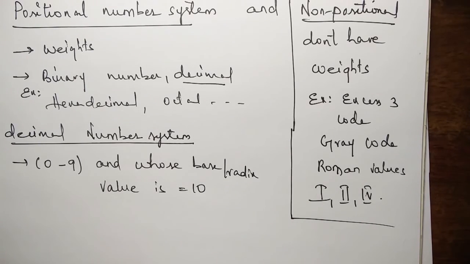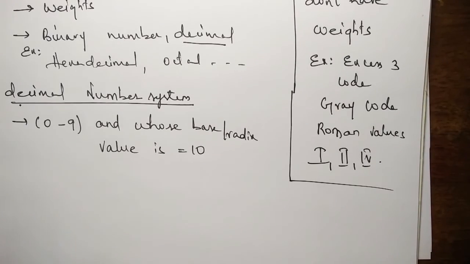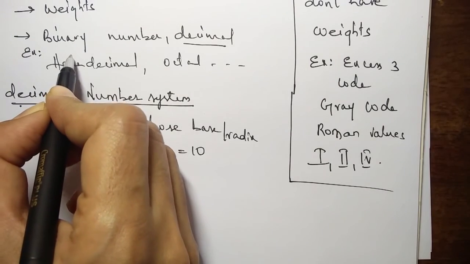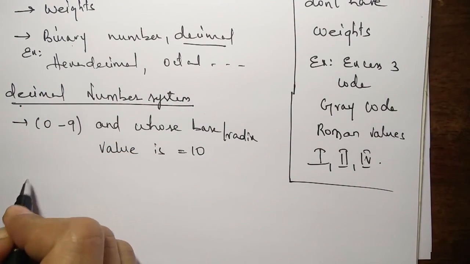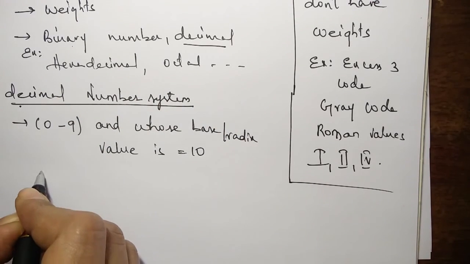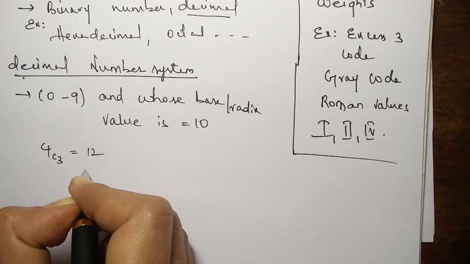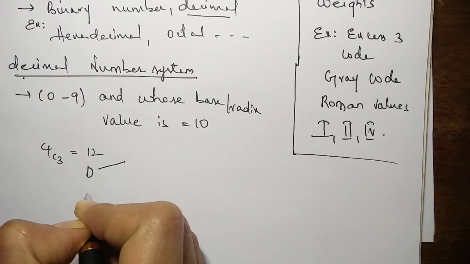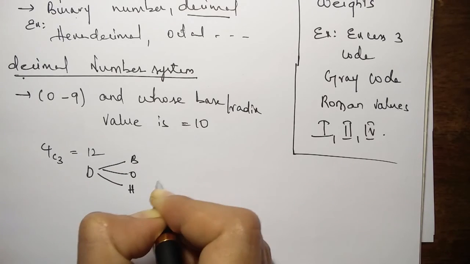This is the most important number system because we use a technique called the double dabble method in its conversion. So we are concentrating more on four types of number system. The possible number of combinations with the four types of number systems is 4C3, which is 12. The decimal can be converted to binary, octal, hexadecimal.